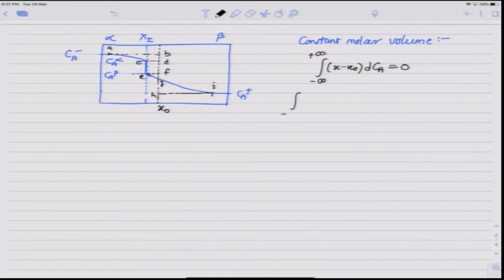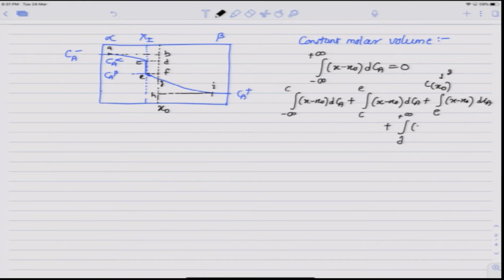So, we can write this as integral minus infinity to C of x minus x naught dCA plus integral C to E of x minus x naught dCA plus integral E to G, at x naught, x minus x naught dCA plus integral G to plus infinity of x minus x naught dCA.